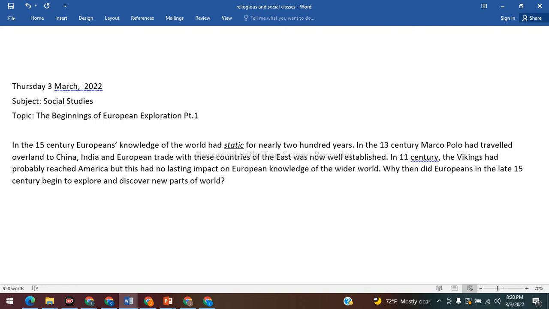In this chapter we're going to be seeing the motivations, what led the Europeans to try to discover new parts of the world, and also, equally important, what had happened to make the voyages possible. It's one thing to want to go.